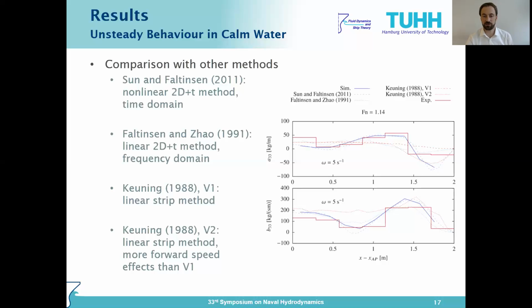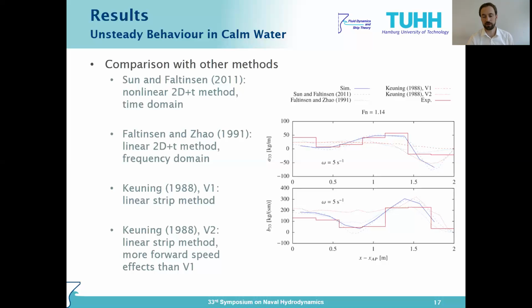And the dashed red lines shown in both plots refer to the two strip methods that have been used by Koenig and Beukelmann. The main difference between these two strip methods is that version 2, denoted by V2 in the plot, accounts for forward speed effects in a more accurate way than version 1 does.